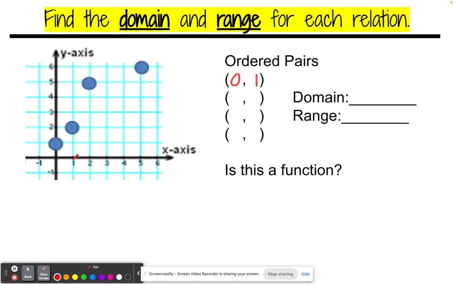My next one, my x is 1, my y is 2. So I have (1, 2). My third one, I have (2, 5). And my last one, I have (5, 6).